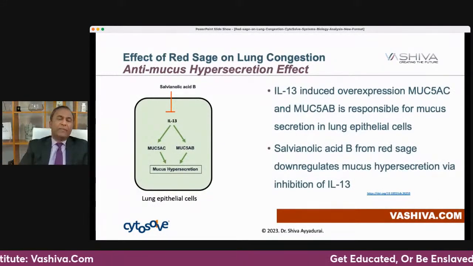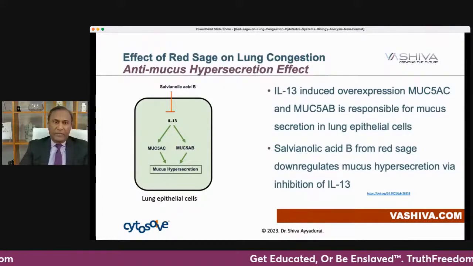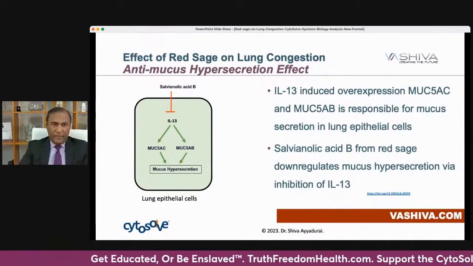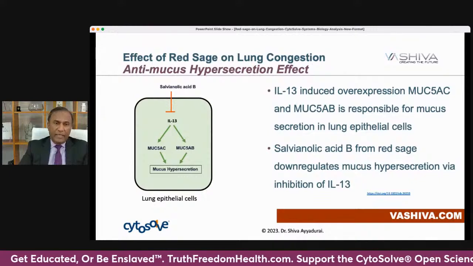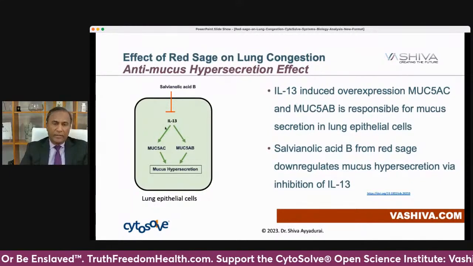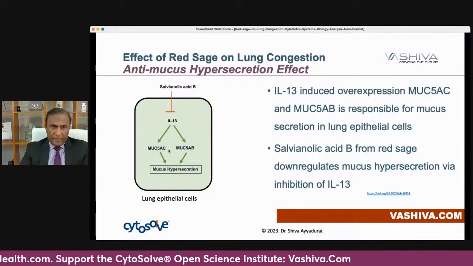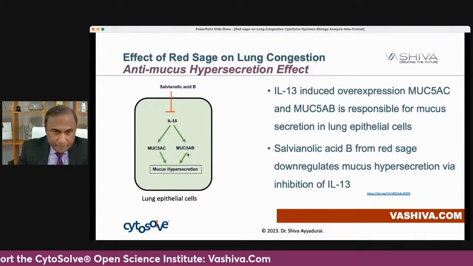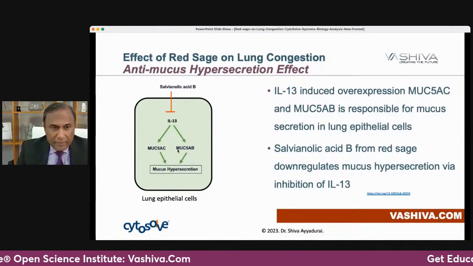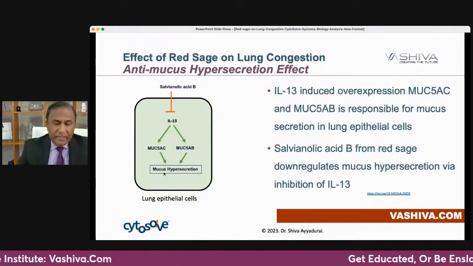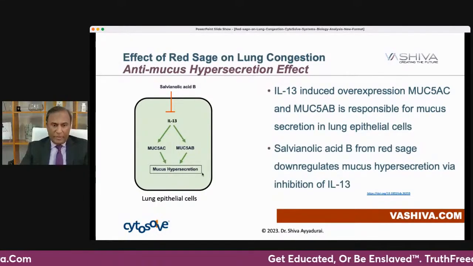Now, the second mechanism of action that sage affects is the anti-mucus hypersecretion effect. Again, salvianolic acid B blocks IL-13. Now, IL-13 leads to MUC5AC and MUC5B, and these are the things that lead to mucus production, mucus hypersecretion in the lung epithelial cells.